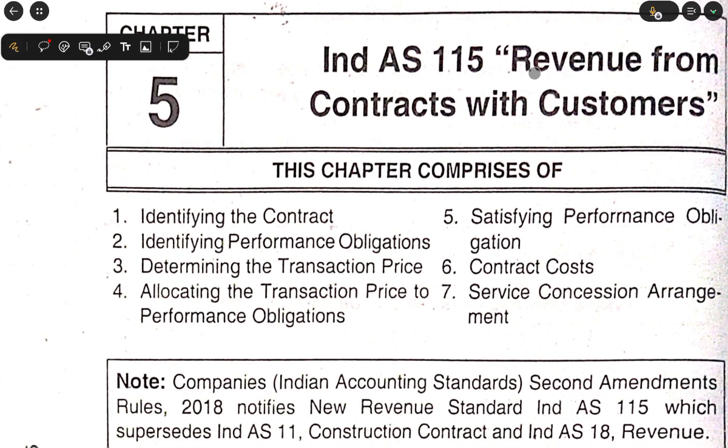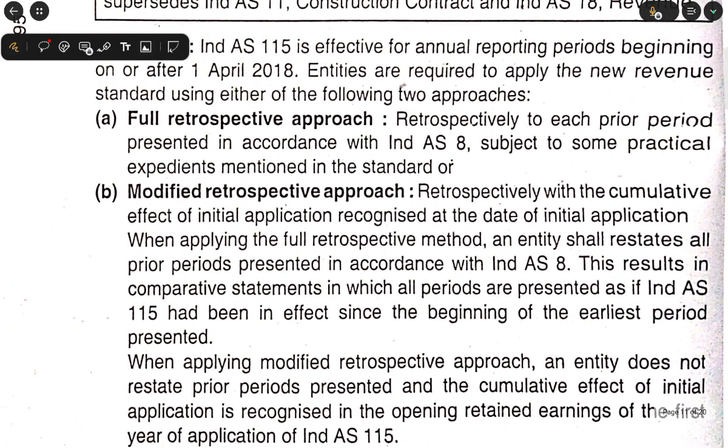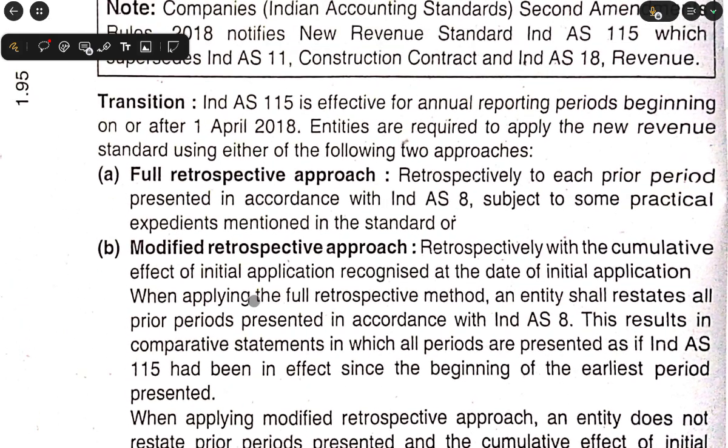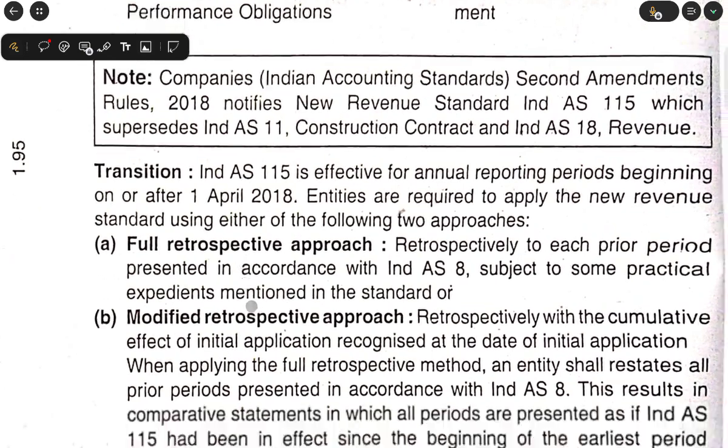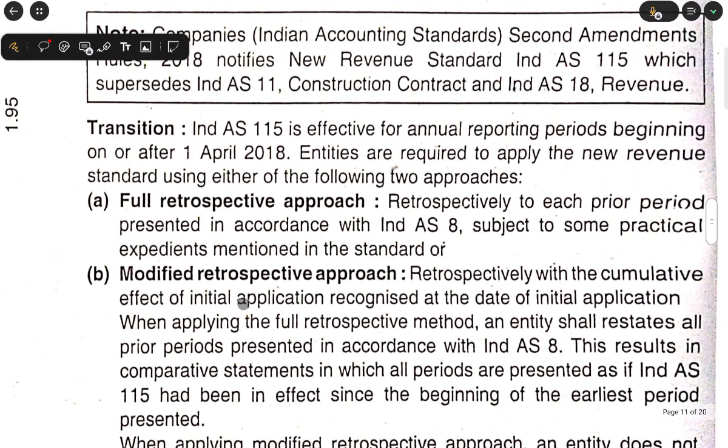Ind AS 115, Revenue from Contracts with Customers. Ind AS 115 is effective for annual reporting periods beginning on or after 1st April 2018.